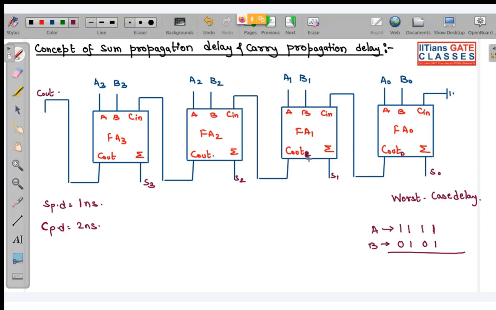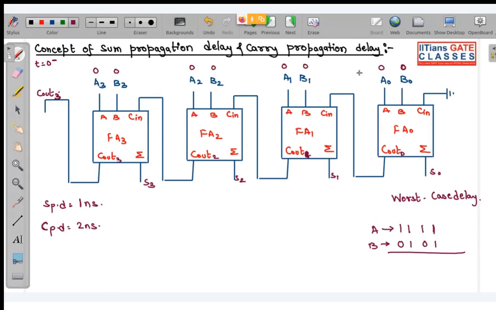Now look at t equal to 0 minus. Let us assume that all the full adders were in the reset state. Reset state means everything was 0 0.